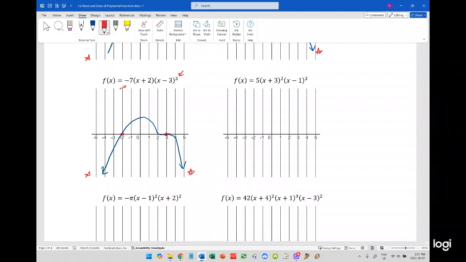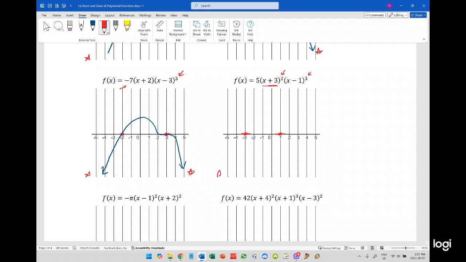All right. The next one, we put in x equals -3 is 1 root, and that's going to go flat. That's an order 2 root. And then at 1, we're going to go flat as well. That's an order 3 root, though, so it is going to go through the axis. As a whole, this is a degree 5, order 2 plus order 3, degree 5. So it's going to look kind of like a cubic.